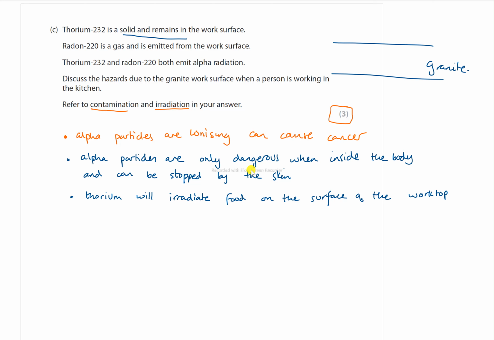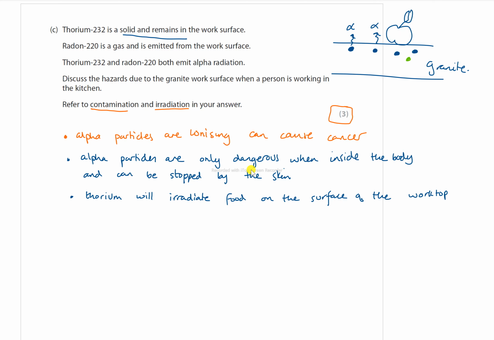You've got thorium in the worktop that will emit alpha radiation. So if you're cutting food on here, it will irradiate that. Normally they irradiate food to kill bacteria.